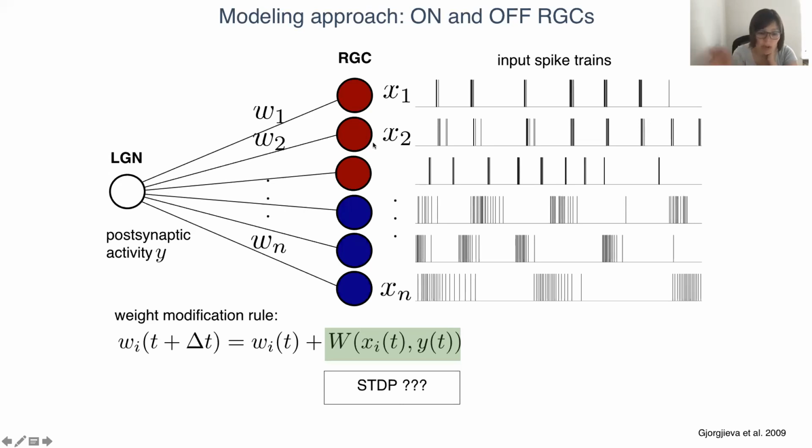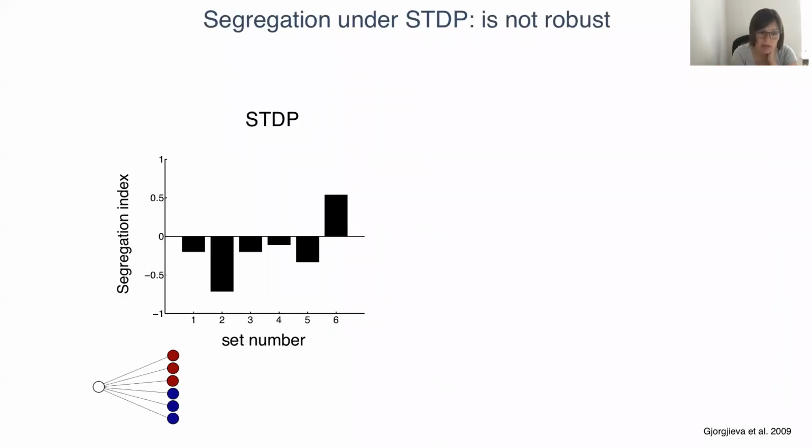So we're going to model how selective this neuron is by calculating what I call a segregation index. We have a segregation index of 1 if the neuron becomes selective only to the on inputs, meaning that only the weights from these on inputs become strong and the others become weak. And the neuron gets a segregation index of -1 if it becomes selective only to the off inputs. So only these connections from the off neurons become strong.